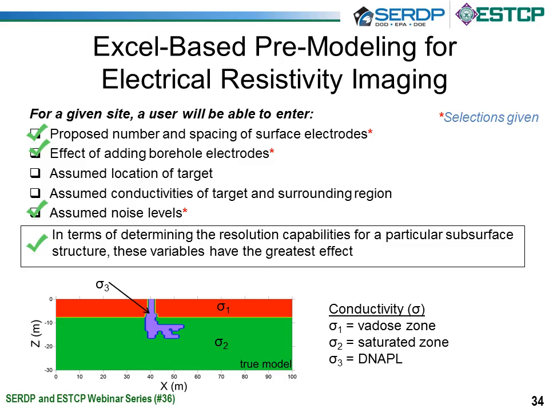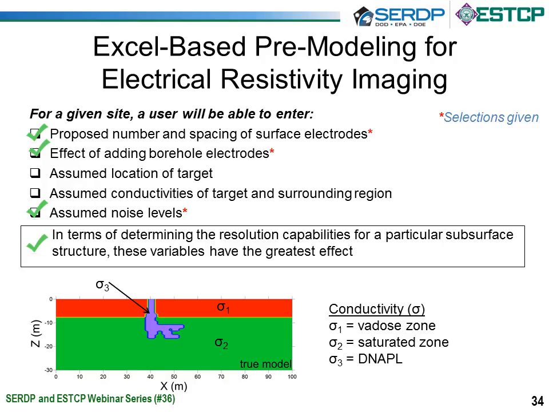So recognizing that one of the techniques that's being extensively used at least in the DoD community for site remediation and characterization studies is resistivity, we've also been working on developing a tool that would allow the user, and again this is designed for a person with limited or almost no real strong background in geophysics, to play around with testing whether a particular conceptual model for a site would suggest that it was worth using this particular geophysical method.